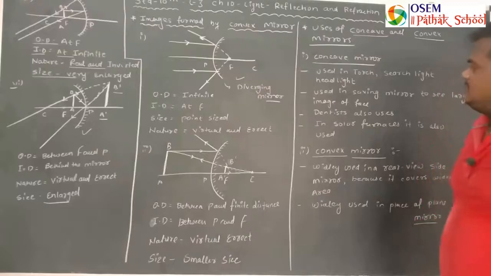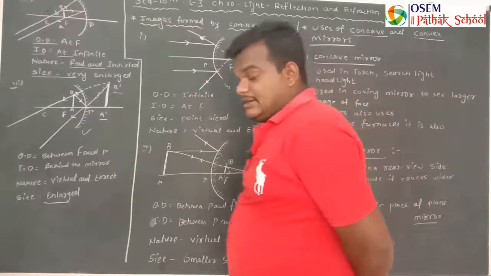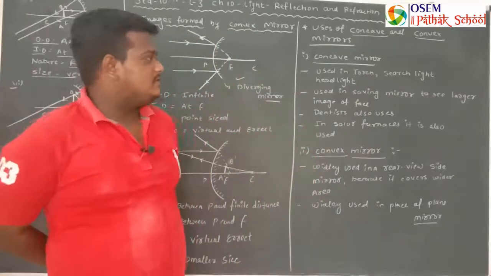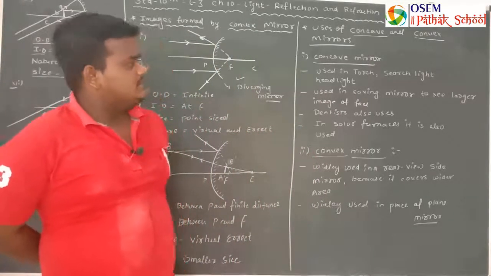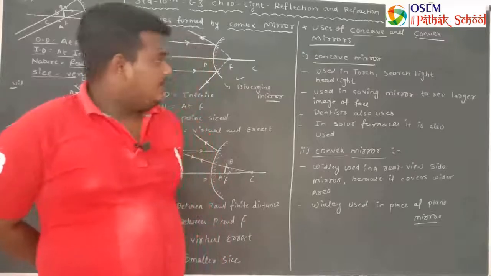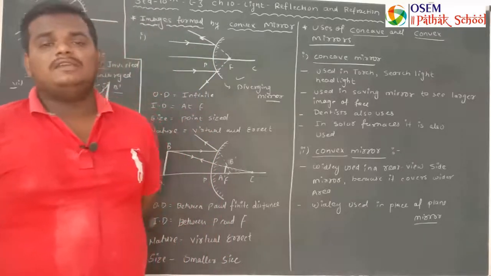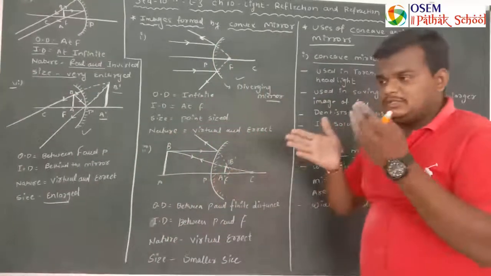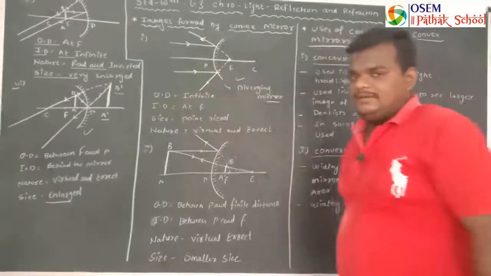So first is the concave mirror. It is converging in nature. It is also known as a converging mirror. That's why it is used in torch, searchlight and headlight of motor vehicles, because it gives us a parallel beam of light.